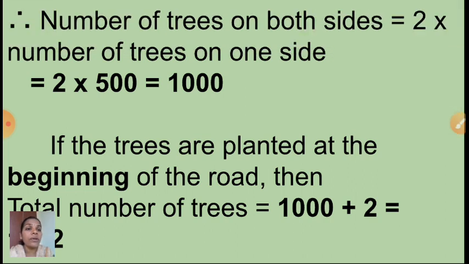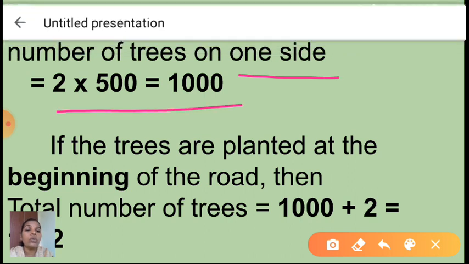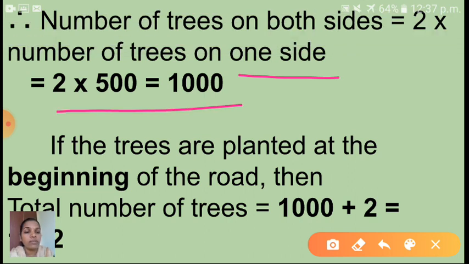See, number of trees on both sides is equal to 2 into number of trees on one side. That means 2 into 500 is equal to 1000. In case the trees are planted at the beginning of the road, how many trees will be increasing? Yes, 2. Isn't it children? Yes, if the trees are planted at the beginning of the road, then total number of trees is equal to 1000 plus 2 is equal to 1002.